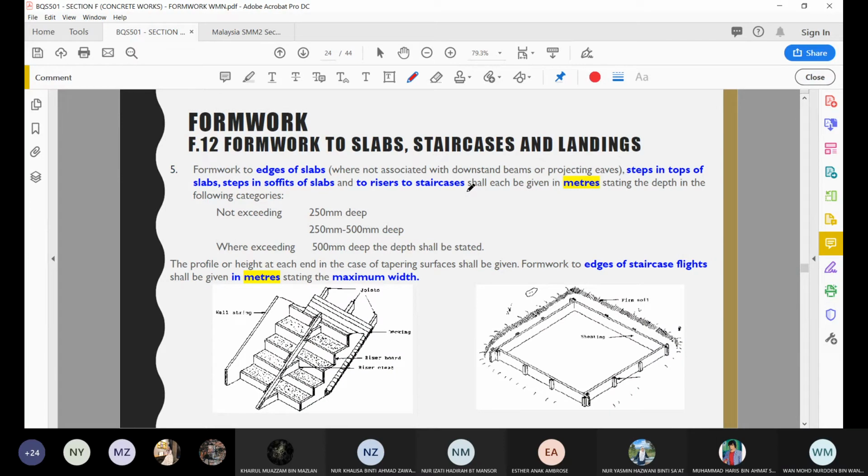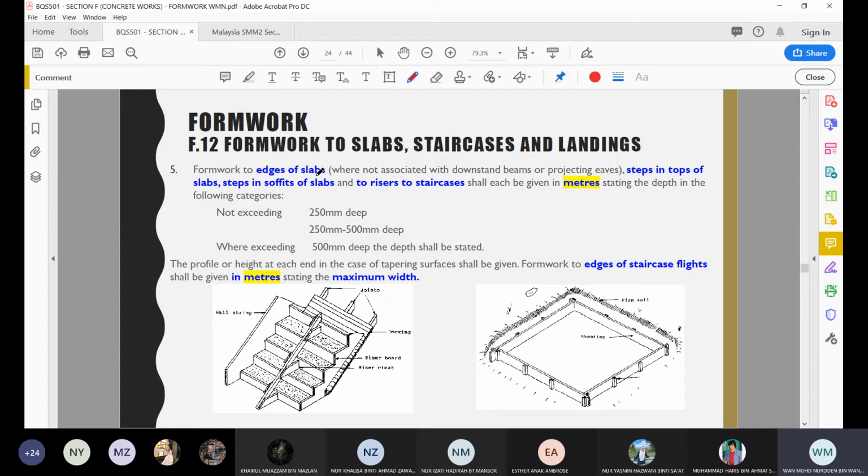Number 5. Okay, number 5, formwork to edges of slab.